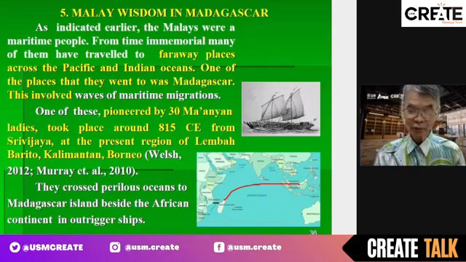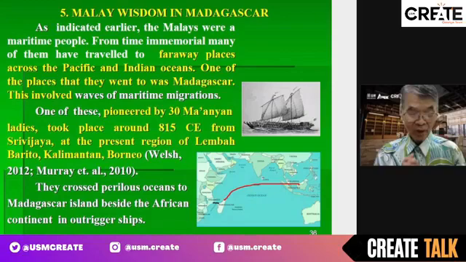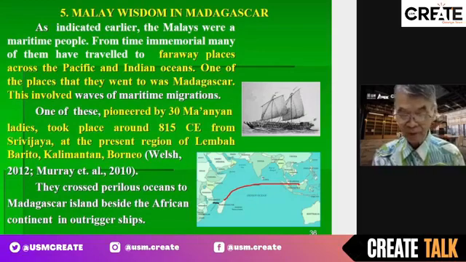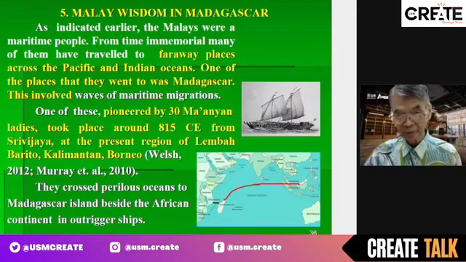So they went to faraway places across both oceans. One of the places that they went to was Madagascar, very far away. This involved waves of maritime migration, migration after migration after migration.